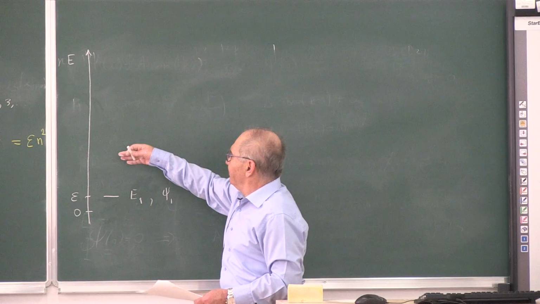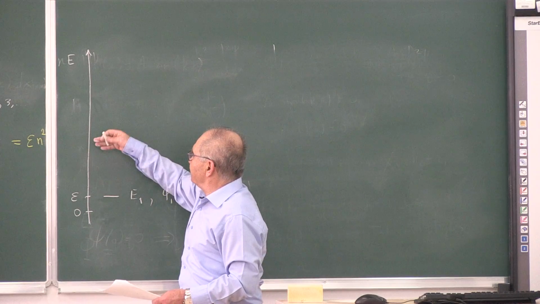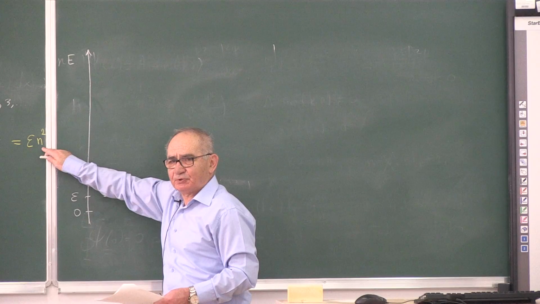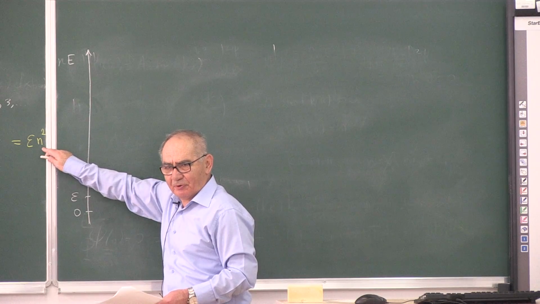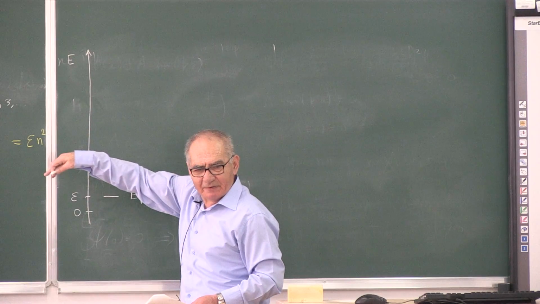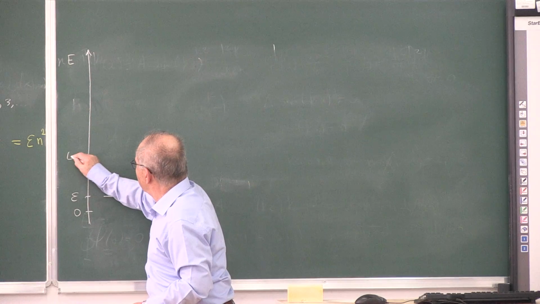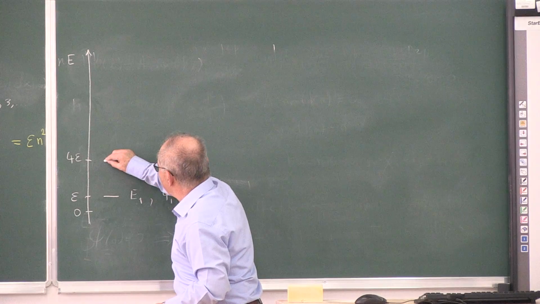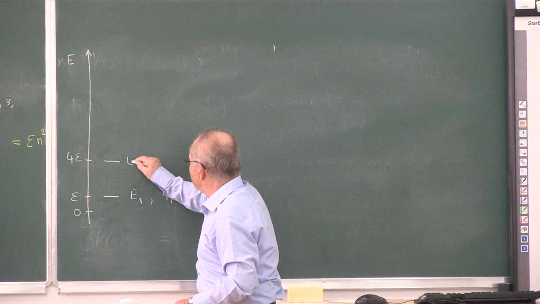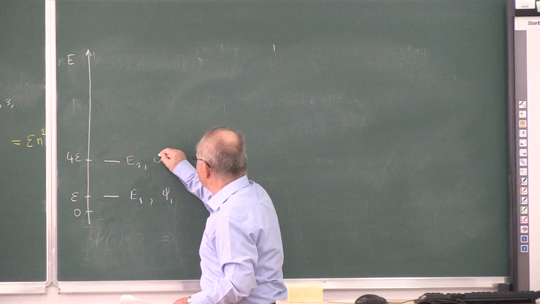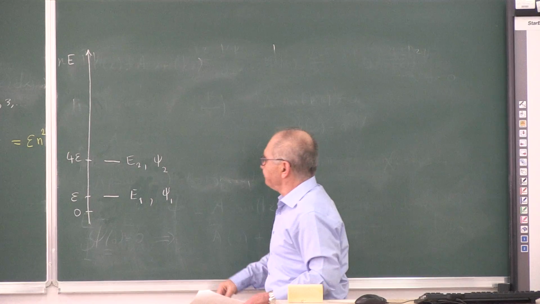The next value for energy is when we put n equals 2. 2 times 2 is 4. So the numerical value is 4 times eps. It's somewhere here. There is a state. This is E2, and the corresponding function is psi 2.